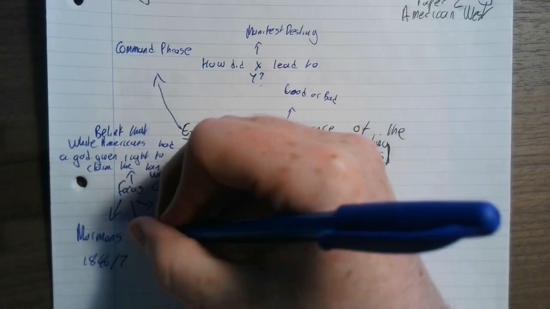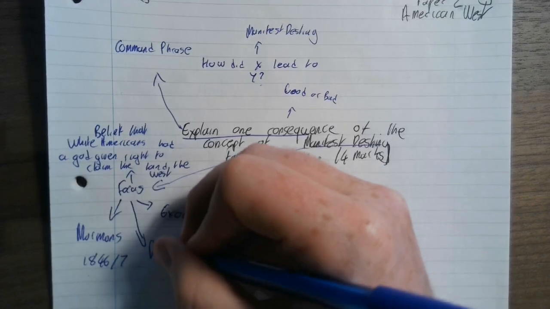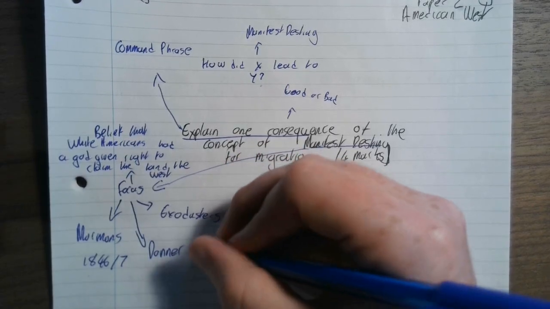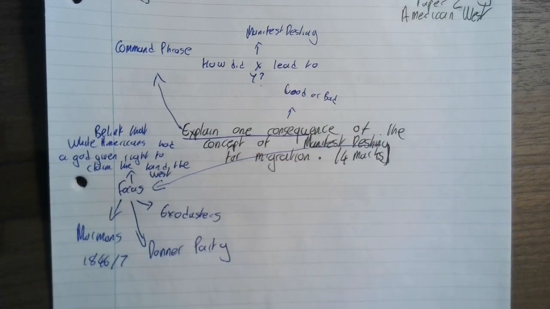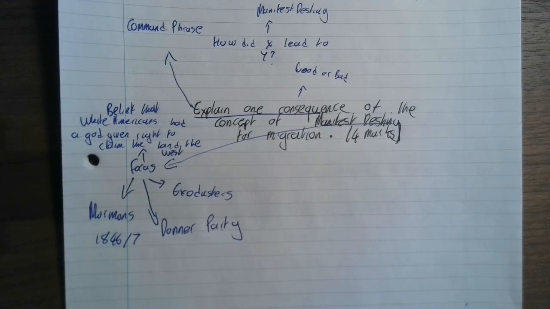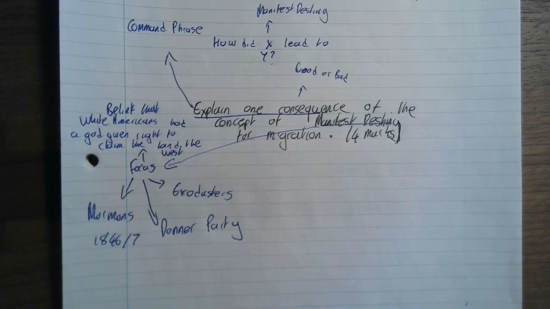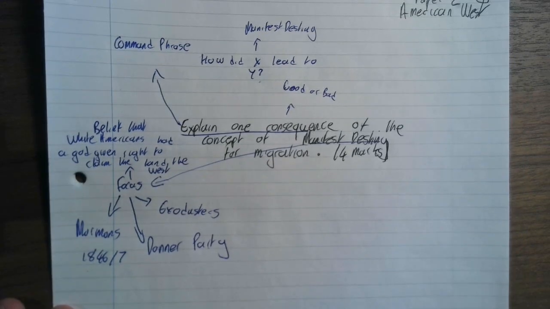You could talk about the Donner Party, who were influenced by manifest destiny to go west. They believed that land was theirs. So loads of great knowledge that we can use for this type of question.